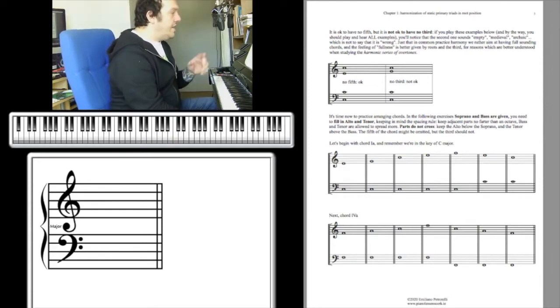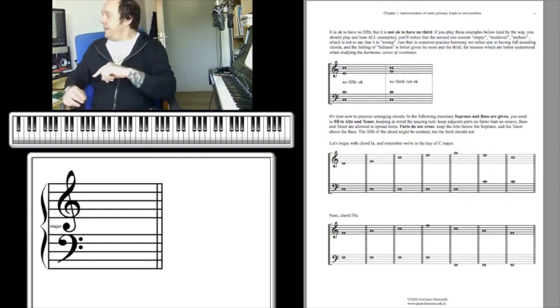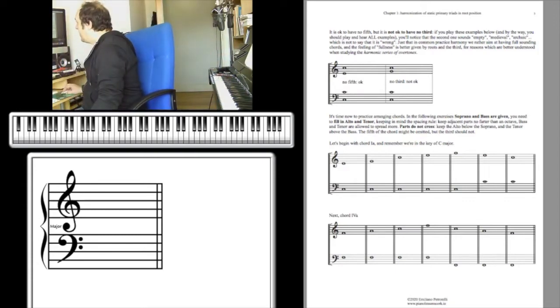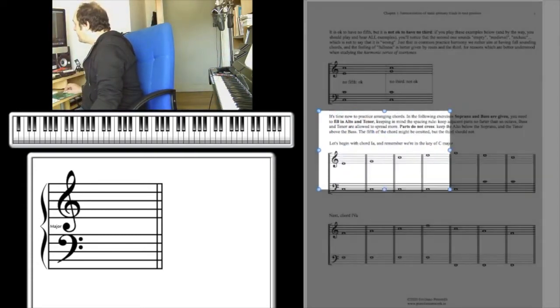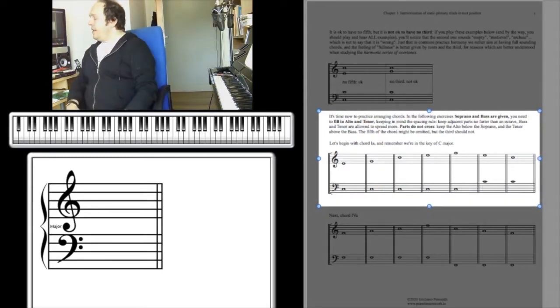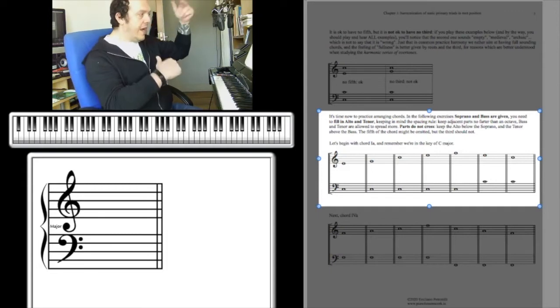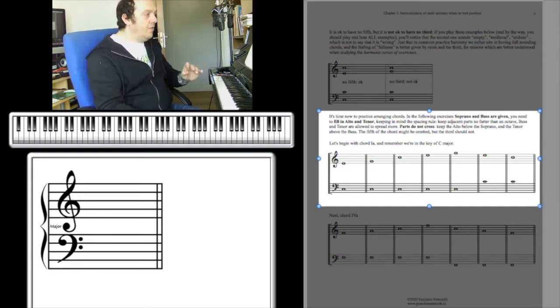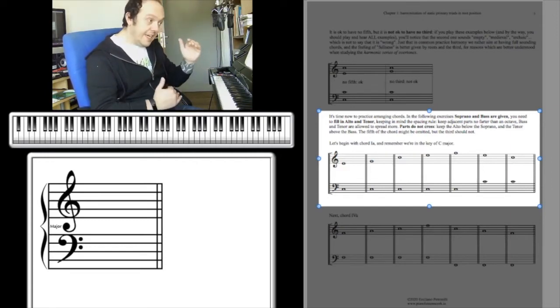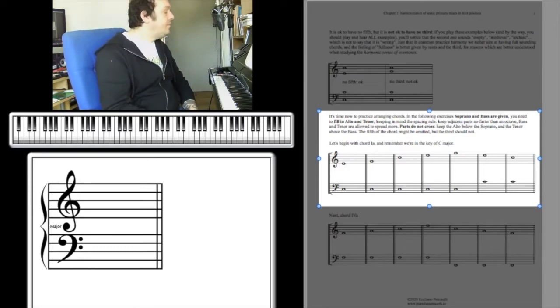Now, I give you guys a little bit of practice. Right there, I give you soprano and bass, so the outside voices of the C major chord in root position. And what you need to do, you need to fill in the tenor and the alto, so the inside voices, keeping in mind the rule that we discussed.